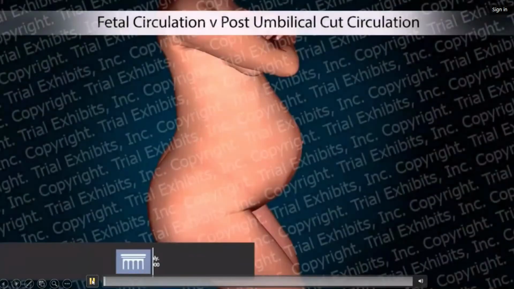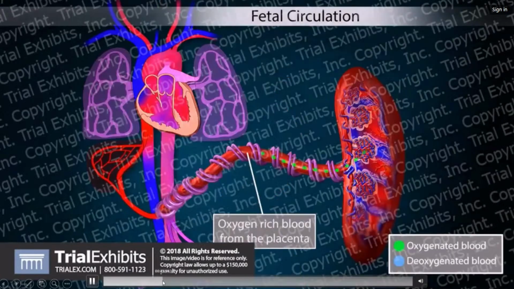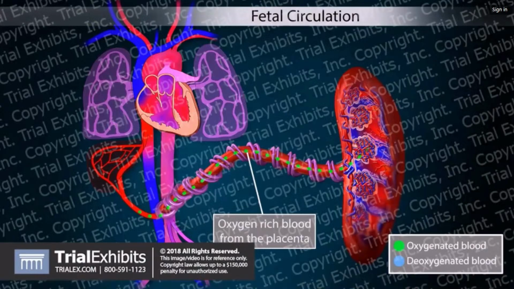Now, there is the fetal circulation versus post-umbilical cut circulation. So here placenta receives oxygenated blood and through umbilical vein, it goes through ductus venosus and from there it reaches the IVC.